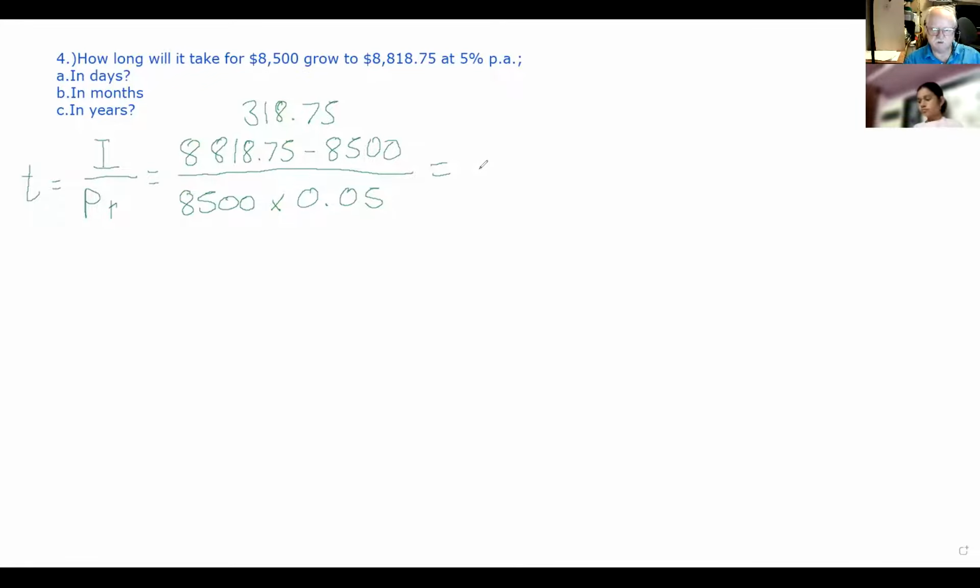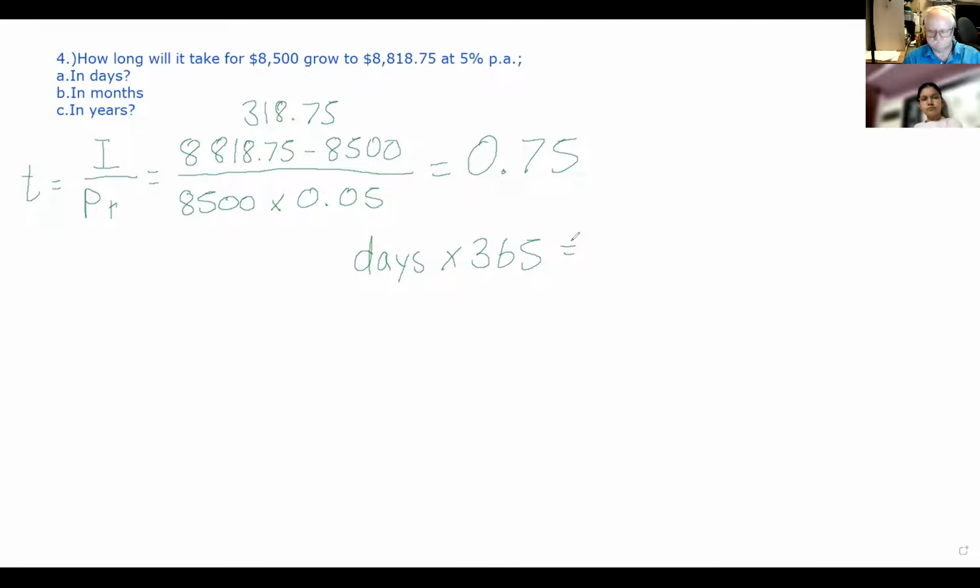And what I'm getting is 0.75. But if I need to translate that into days, I've got to go times 365, because this is 0.75 of a year.